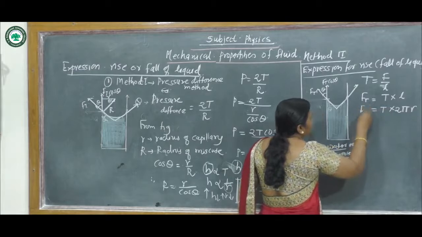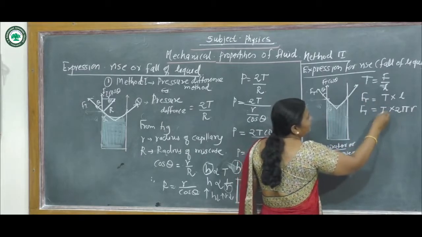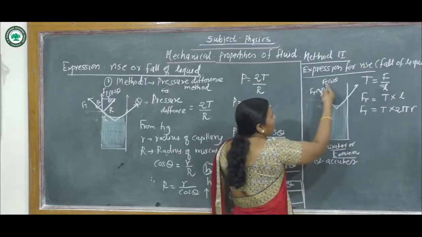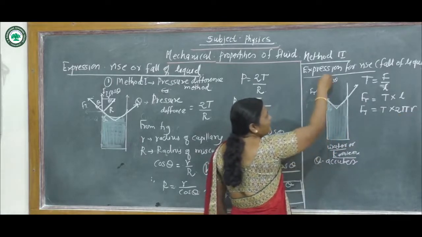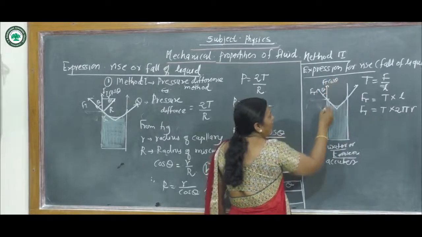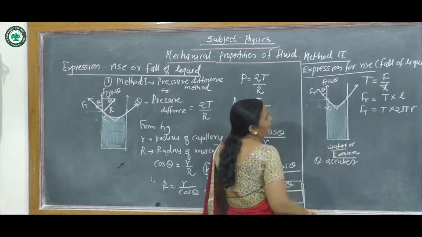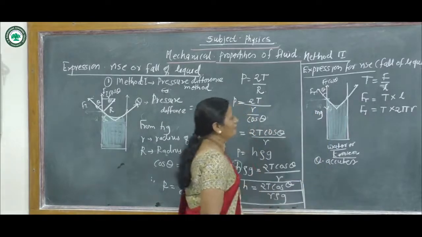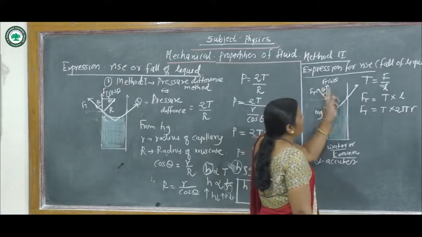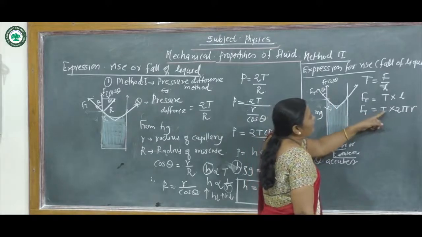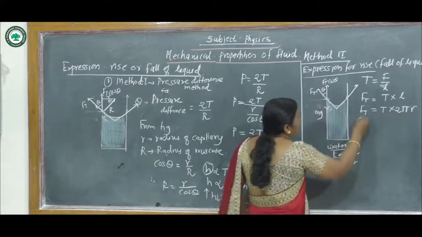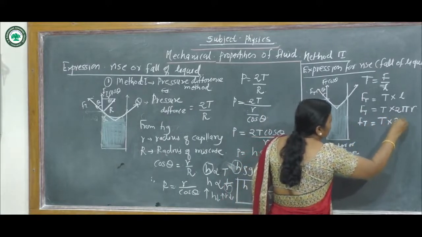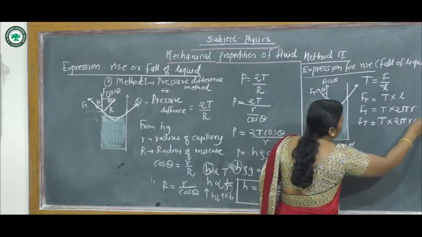That is, Ft is equal to T into 2 pi r. Now in this case, the vertical component is Ft cos theta, and the weight of the liquid column is vertically downward. Since Ft is equal to T into 2 pi r, Ft cos theta is equal to T into 2 pi r cos theta.